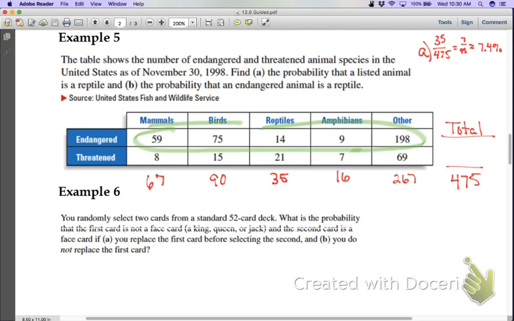So this is like a two-way table, essentially. As far as total mammals, total birds, total reptiles, total amphibians, and so on. And then I would have all the total endangered animals, which is going to be 355.